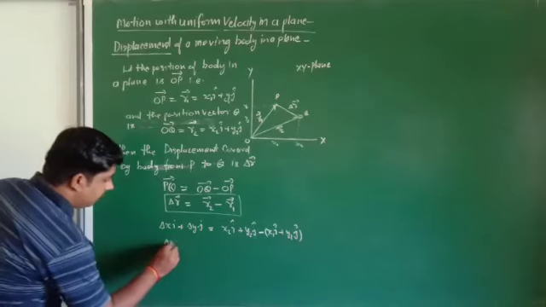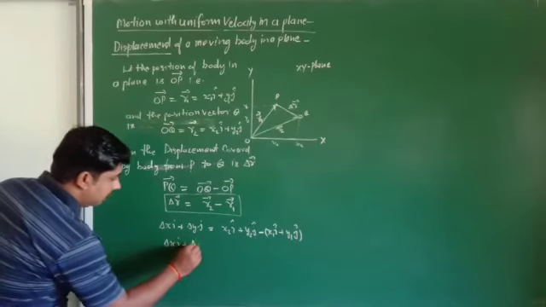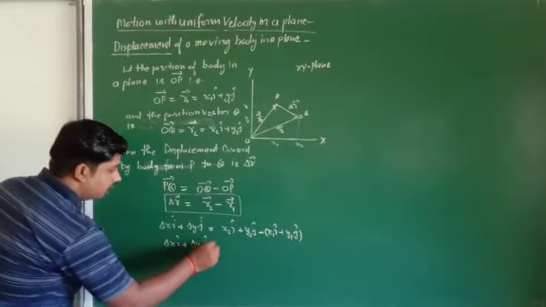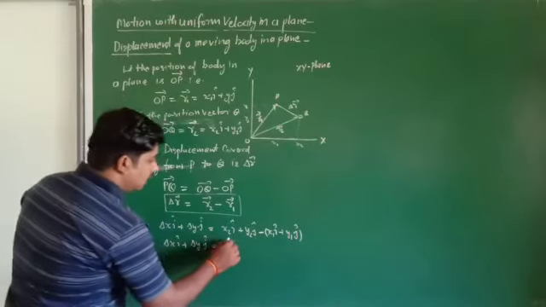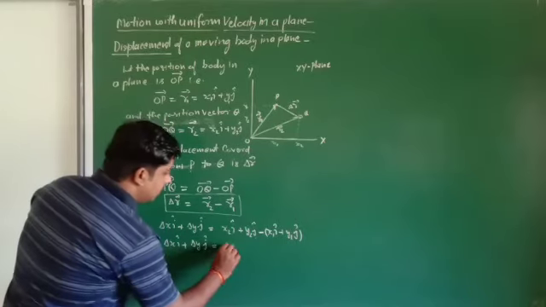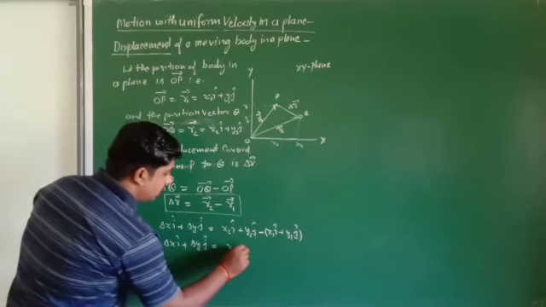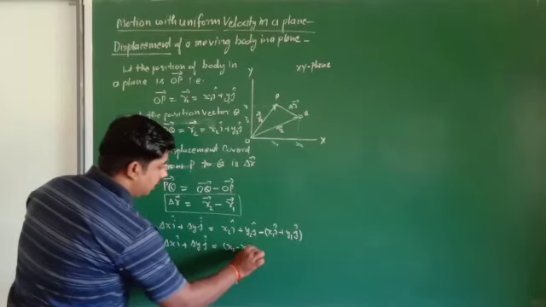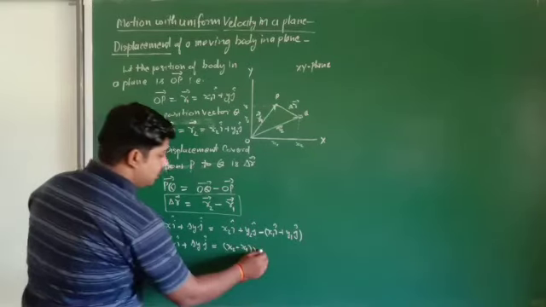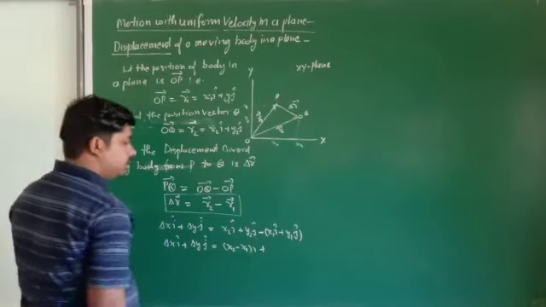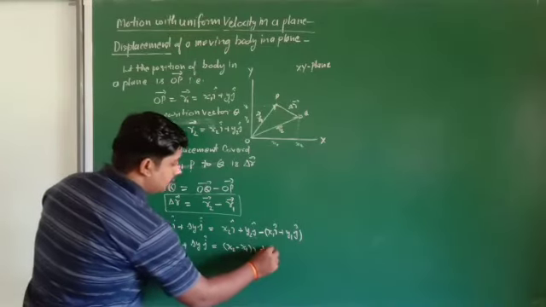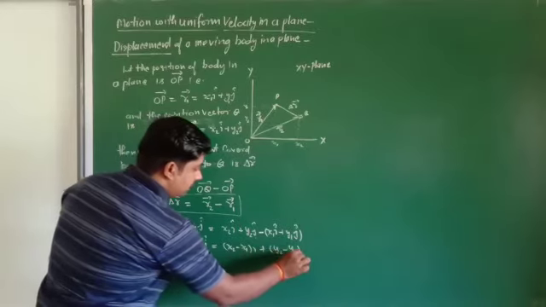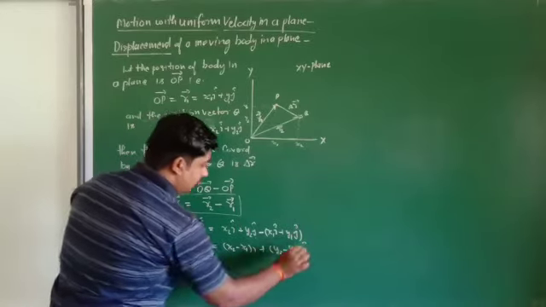Okay, now delta x i plus delta y j is equal to this, and this we can consider as (x2 minus x1) i plus (y2 minus y1) j.